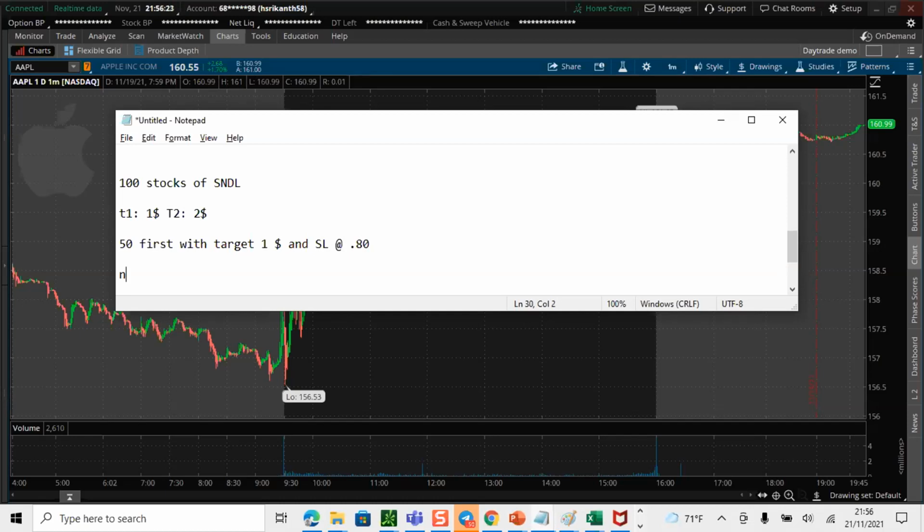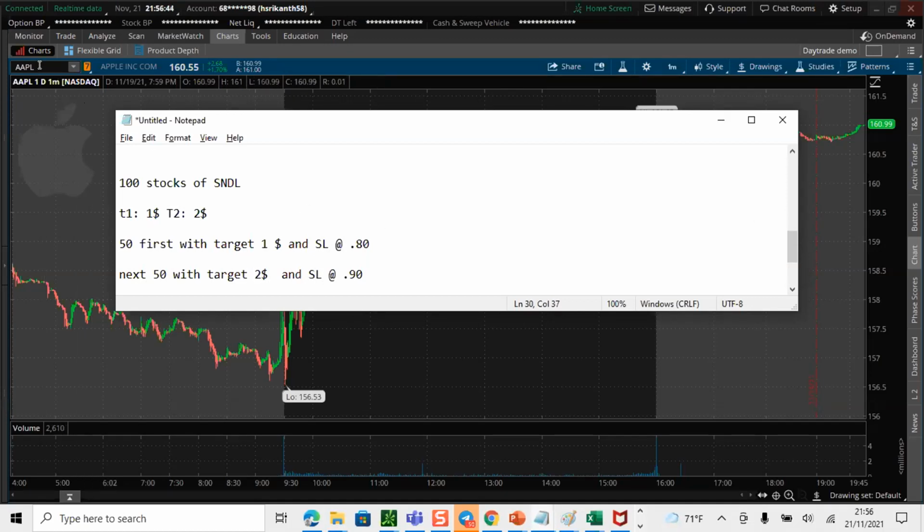And the next 50 stocks they wanted to sell for $2, and here they're going to use a different stop loss, let's say 90, whatever, different.